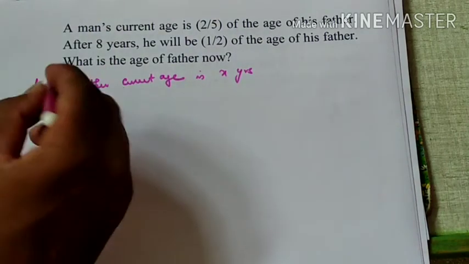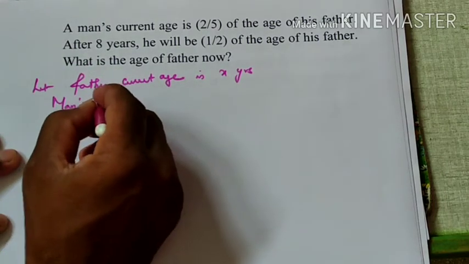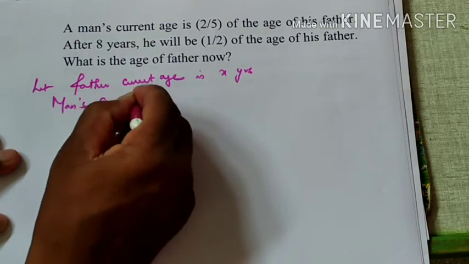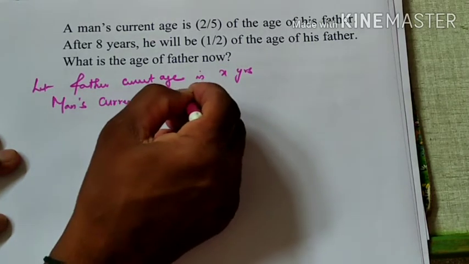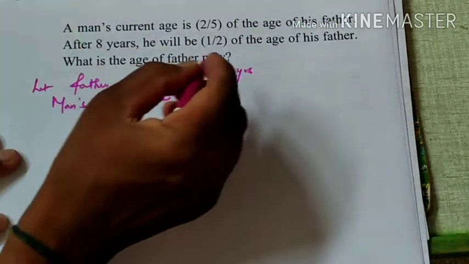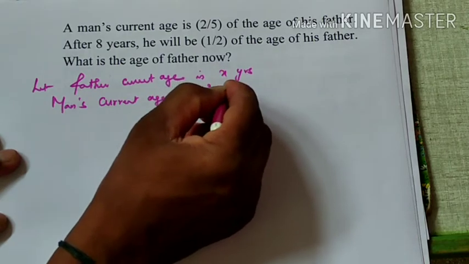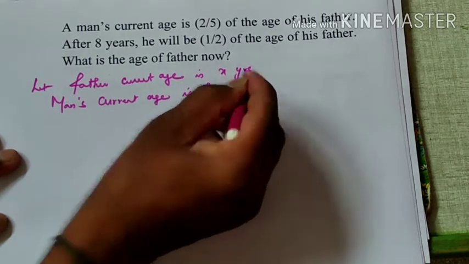The man's current age is 2 by 5 of the age of his father, so 2 by 5 into x years.